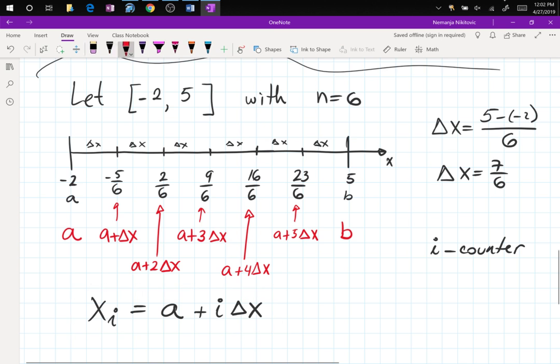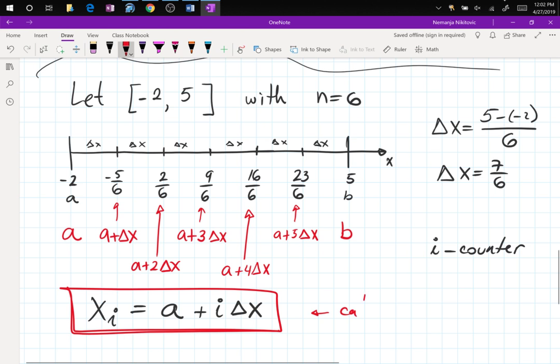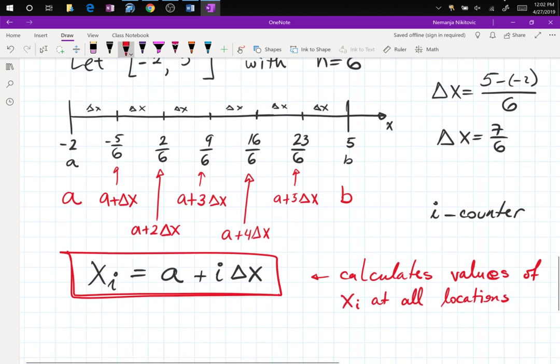So this formula calculates values of xi at all locations which are needed for our calculation.